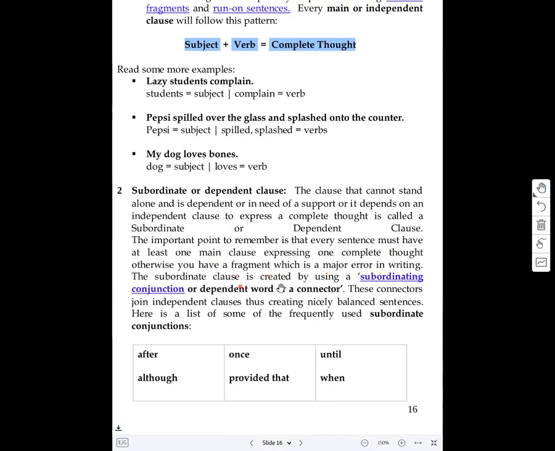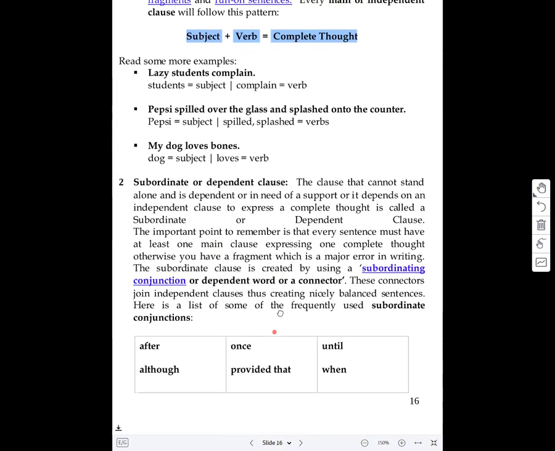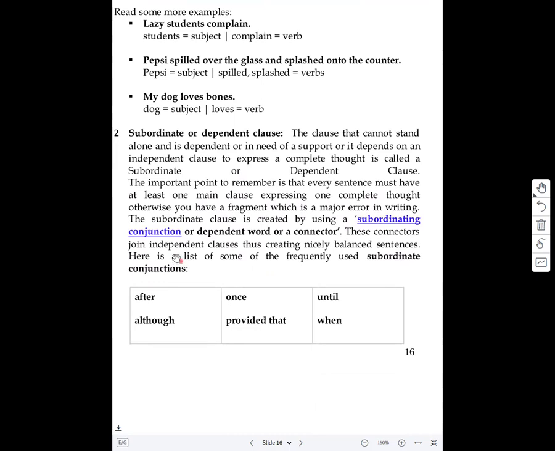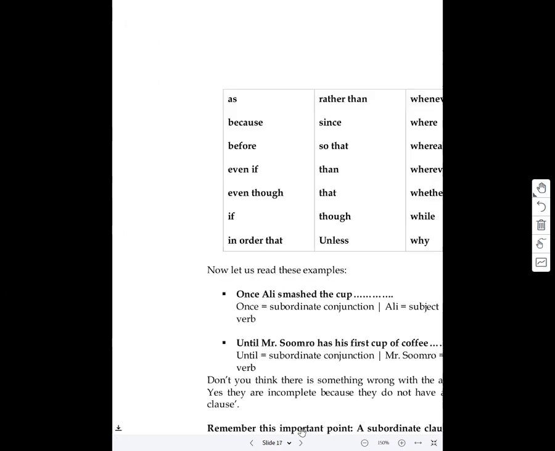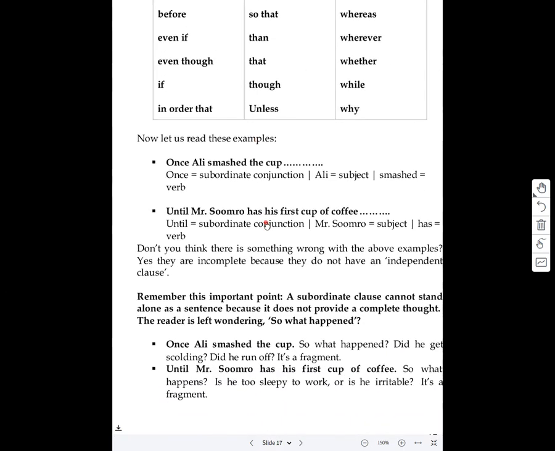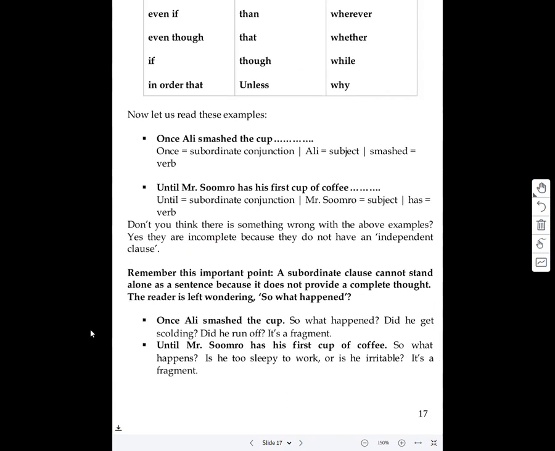The subordinate clause is created by using a subordinating conjunction, a dependent word, or a connector. These connectors join independent clauses, thus creating nicely balanced sentences. Here is a list of some of the frequently used subordinating conjunctions: after, once, until, although, provided that, when, etc.